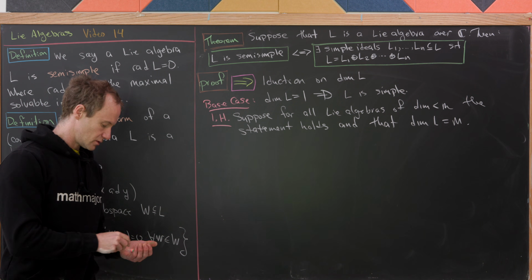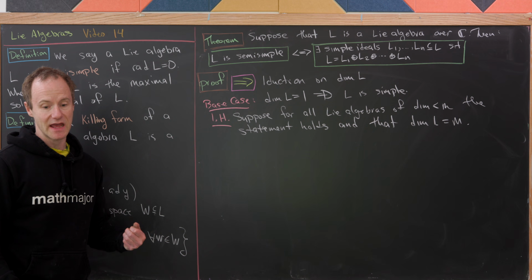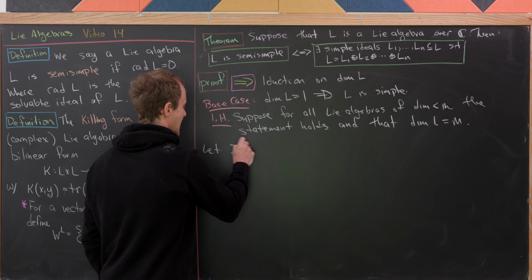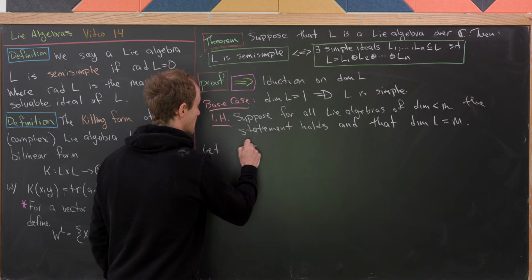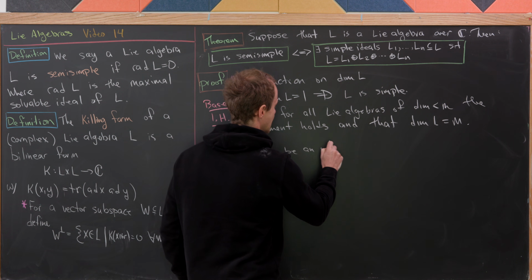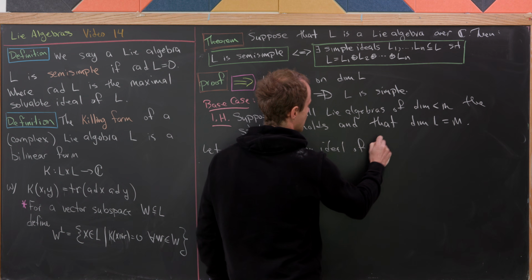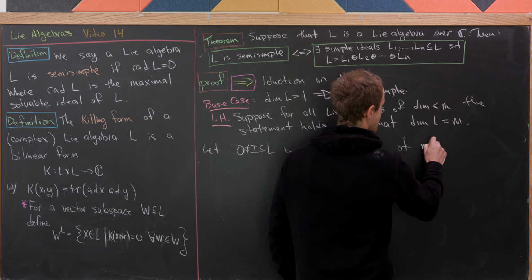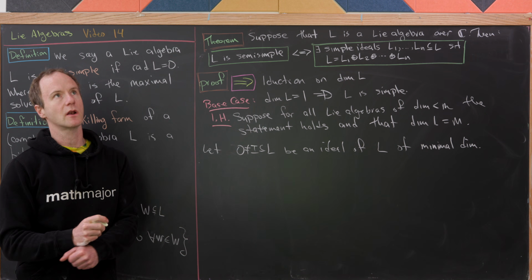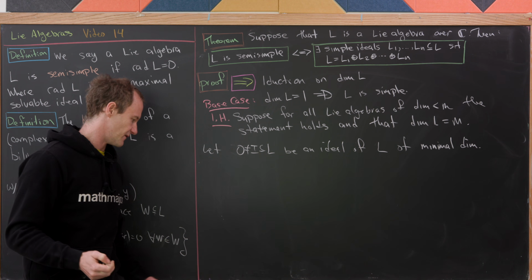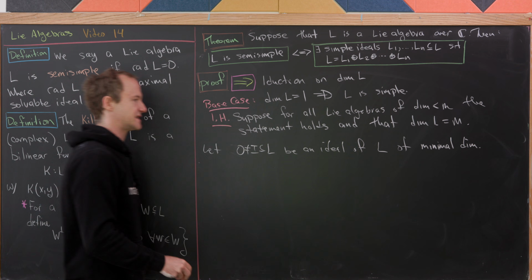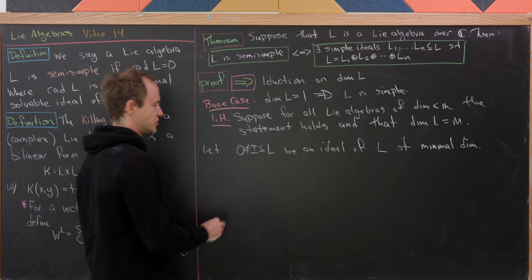Okay, so now let I, which is a non-zero ideal, be an ideal of L of minimal dimension. So we look at all of the ideals of L and we pick one of the ones that has the smallest possible dimension.